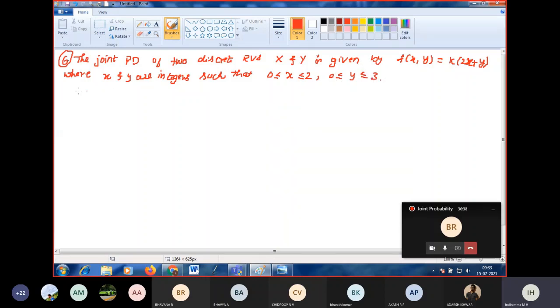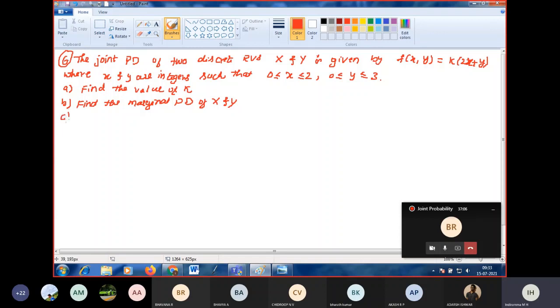First question, find the value of k. Second question, find the marginal probability distribution of x and y.